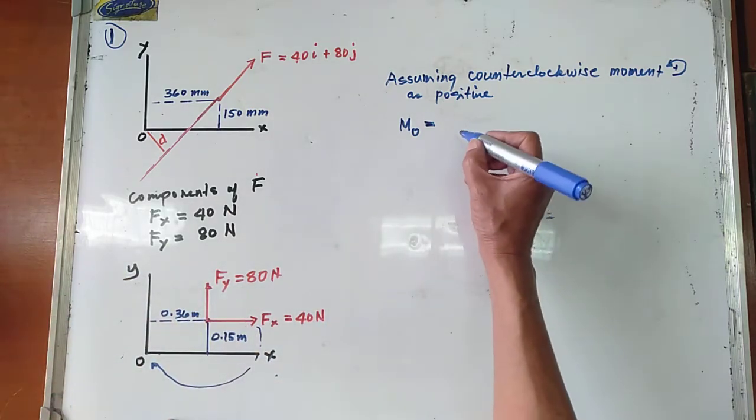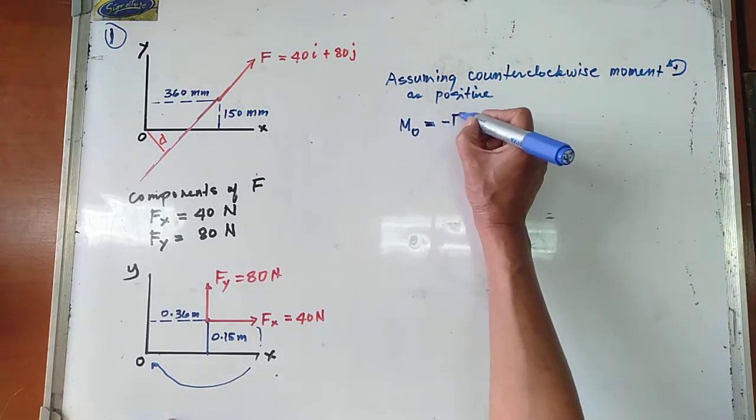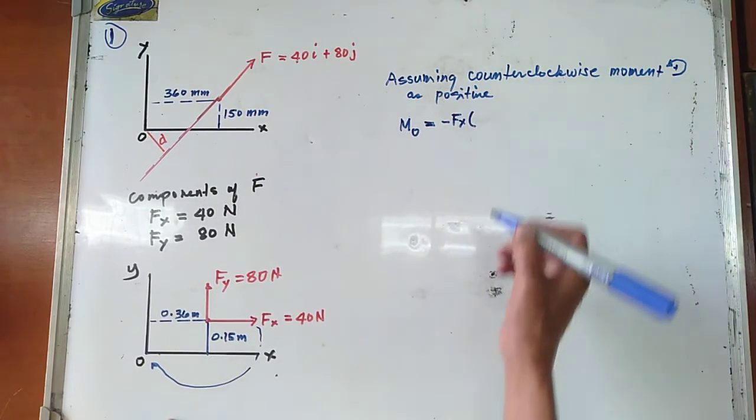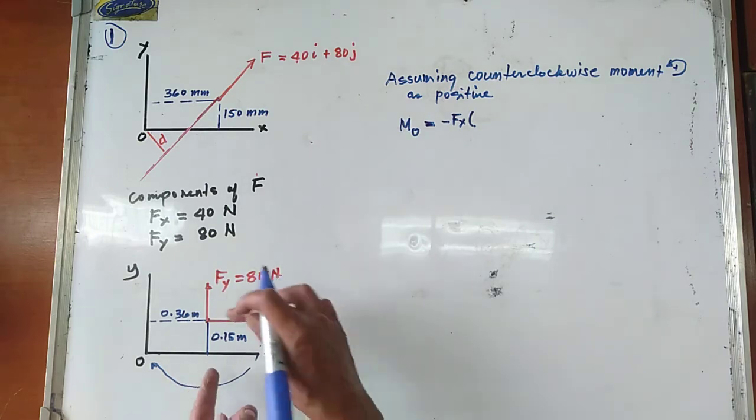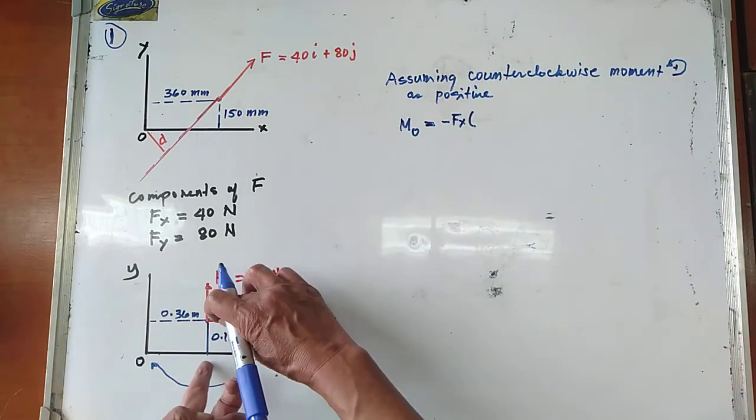And therefore, we have negative Fx, multiplied by the moment arm, which is 0.15.